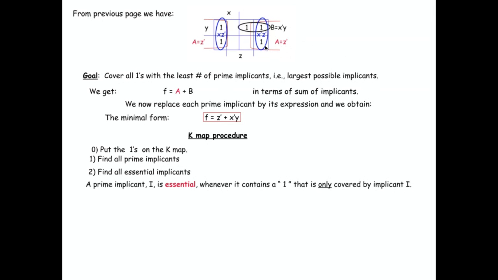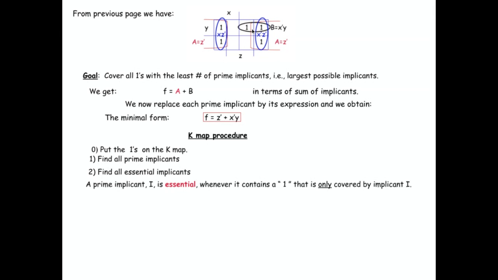So for example, for A, this one and this one, three ones are not covered by any other. It's not covered by B. So that makes A essential.